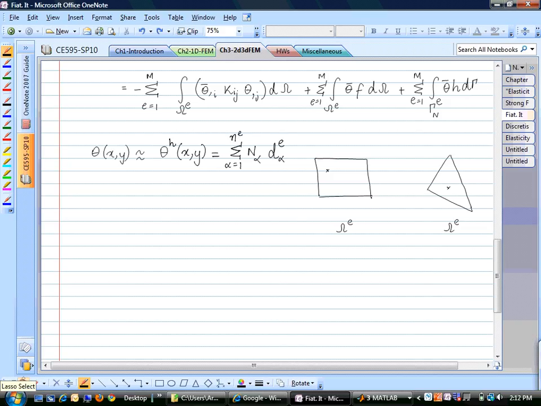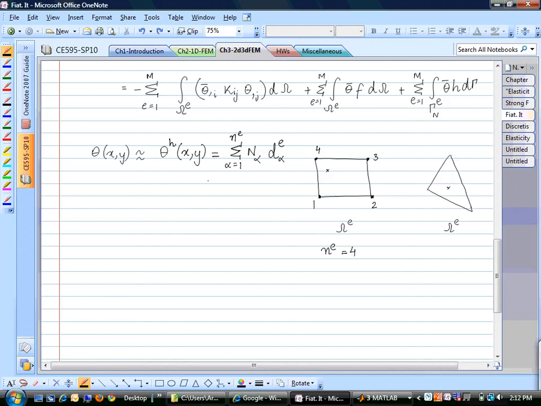So let me explain all these quantities that I'm writing out. Let's consider this square or rectangular element first. Let's call these nodes 1, 2, 3, 4. And in this case, the number of nodes in this element, n e, is equal to 4.